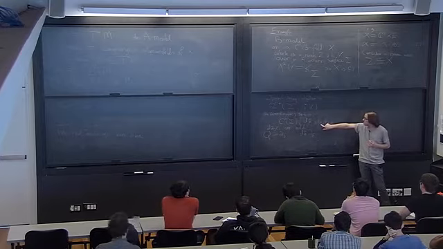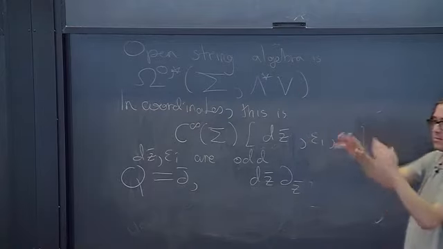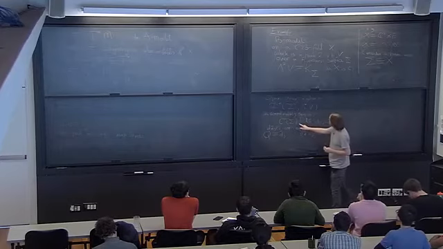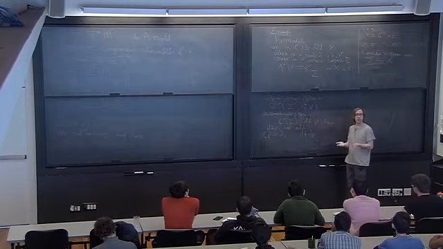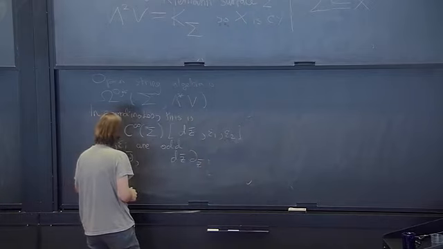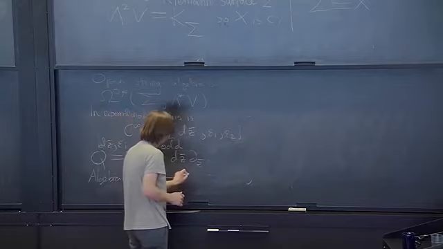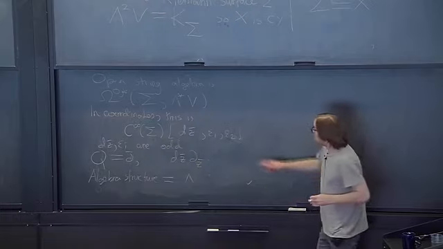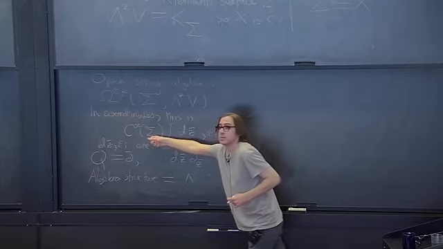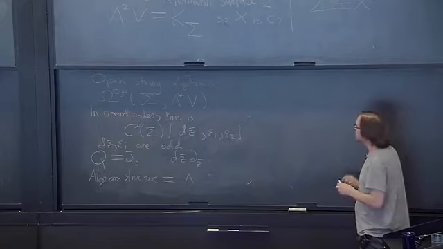So epsilon 1, epsilon 2 are locally defined sections of the vector bundle V. So when I globalize, they become sections of V. And the algebra structure is just given by wedge product. So in local coordinates, that means we just have our usual bosonic variables, which are functions on our surface, and three fermionic variables, which anti-commute.